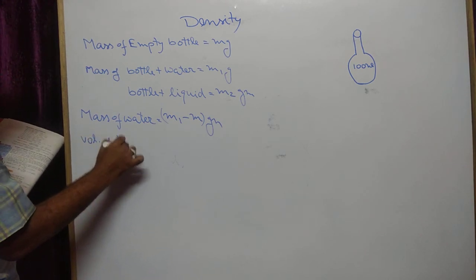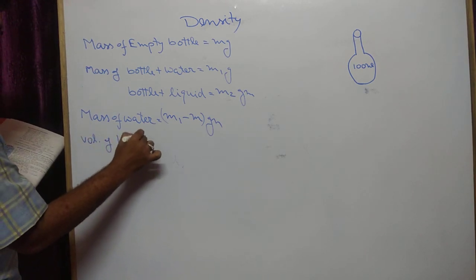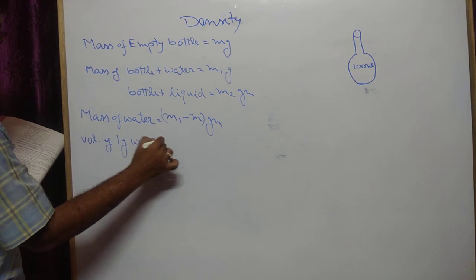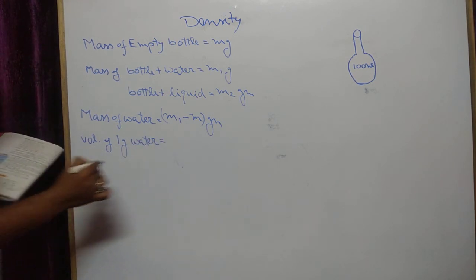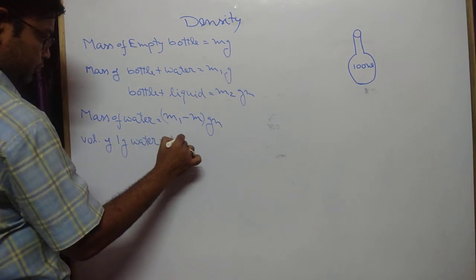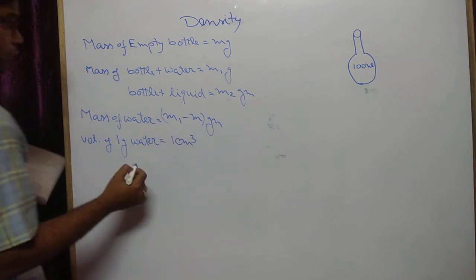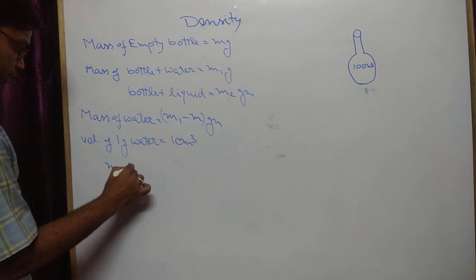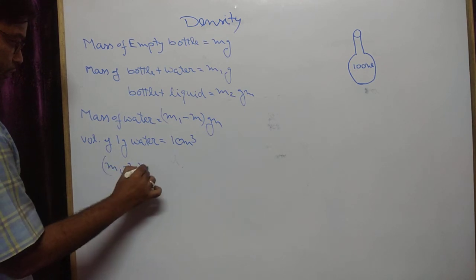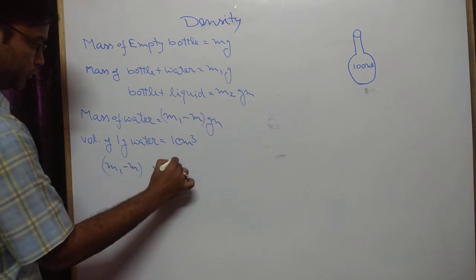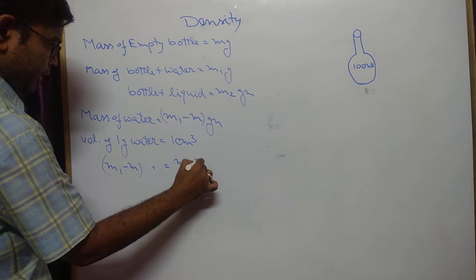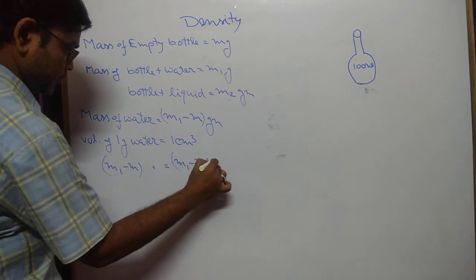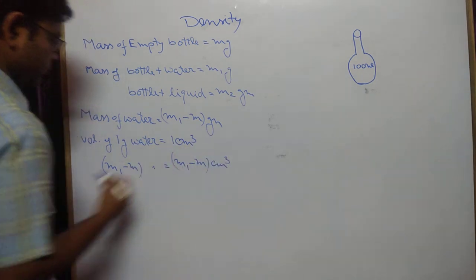Volume of 1 gram water equals 1 centimeter cube, that we know. So m1 minus m gram water equals m1 minus m centimeter cube. This is the volume of water.